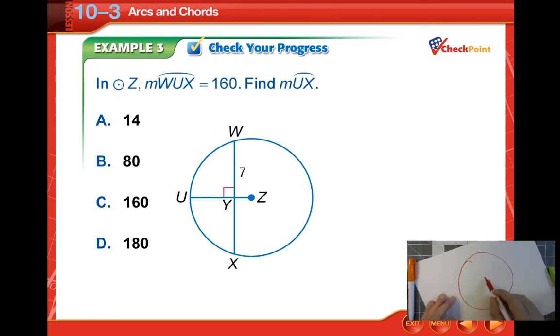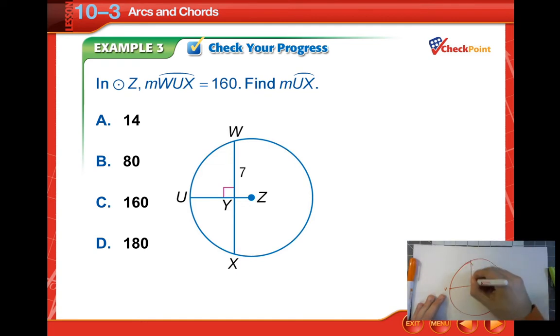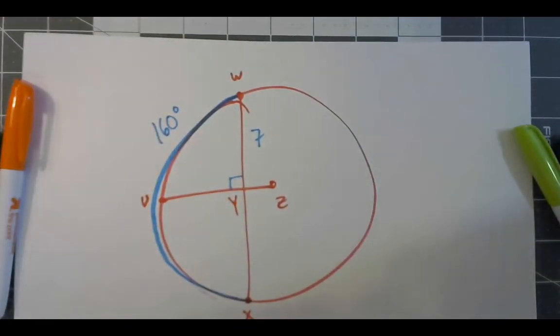We have a radius from Z to U. We have a chord that isn't cutting through Z, it's cutting through W. We'll call this Y, and we'll call this X. We're told a couple things. We're told this is a right angle, and we're told this is 7. And then we're told this is 160 degrees.